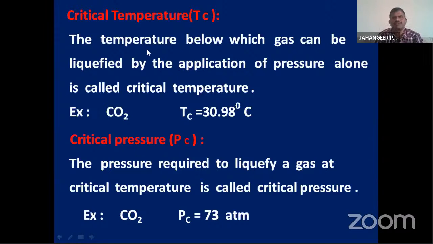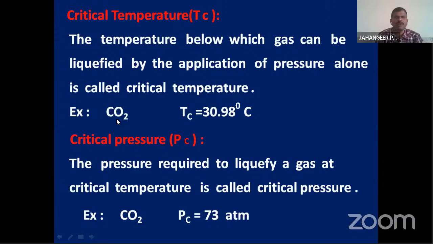So this temperature is called the critical temperature. What is meant by critical temperature? The temperature below which a gas can be liquefied by the application of pressure alone is called the critical temperature. Whenever the gas reaches the particular temperature, only then does it start converting from gaseous state to liquid state.